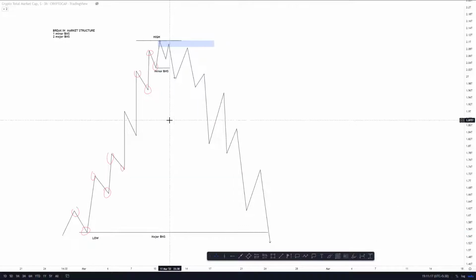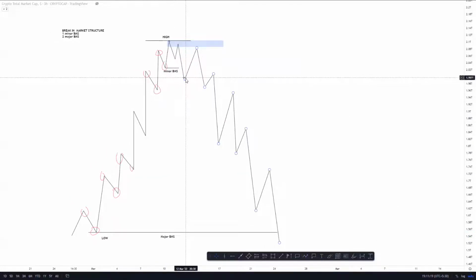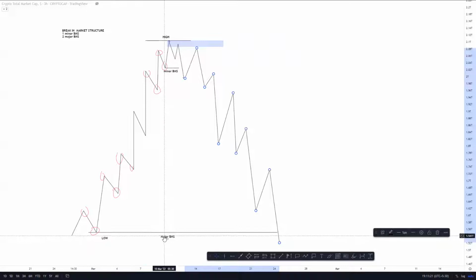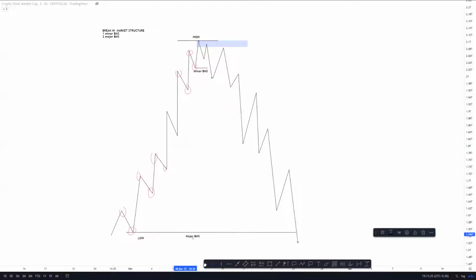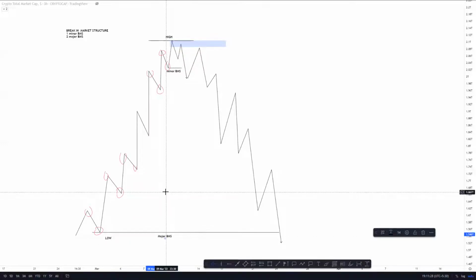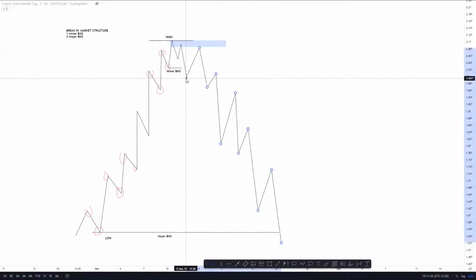So that's what I do. If price breaks this last low, the trend is fully changed according to me, and the market has changed from bullish structure to bearish structure. So that's how I see the market.